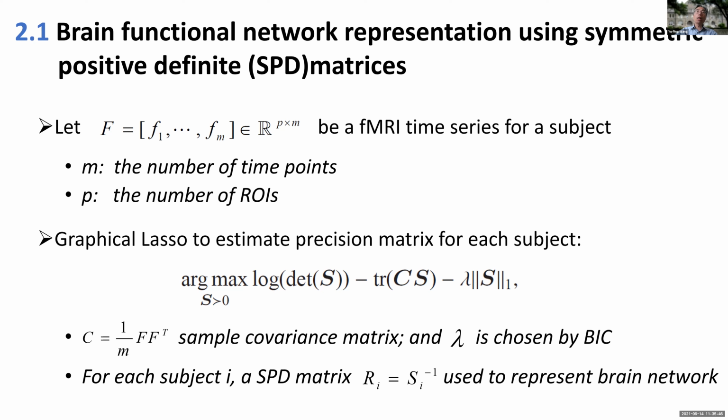We can use graphical lasso or another approach to estimate the precision matrix S, where C is a sample covariance matrix, and lambda is a tuning parameter determined by Bayesian information criteria.